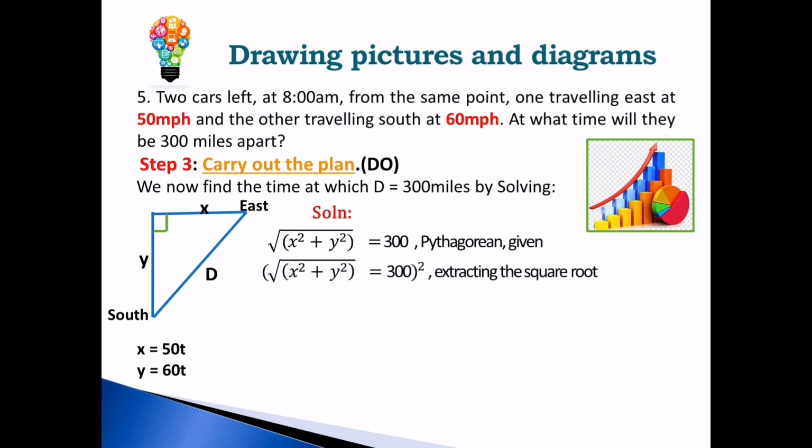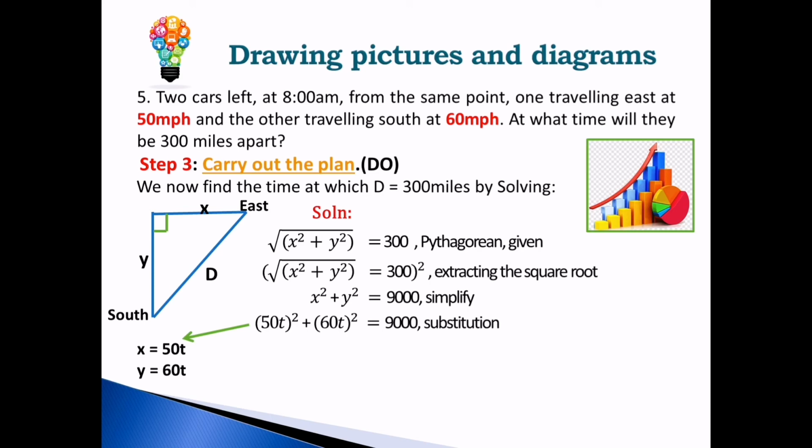It becomes 9,000 equals x squared plus y squared. We removed the radical symbol, and squaring the 300 gives 90,000. Then we can use the values of x and y by substitution.